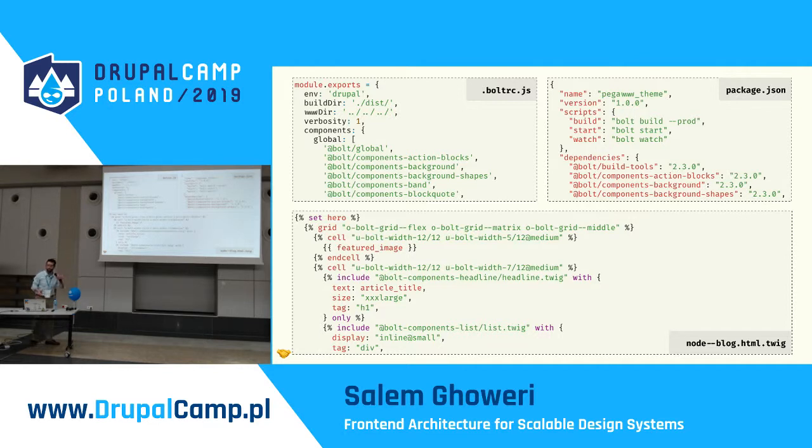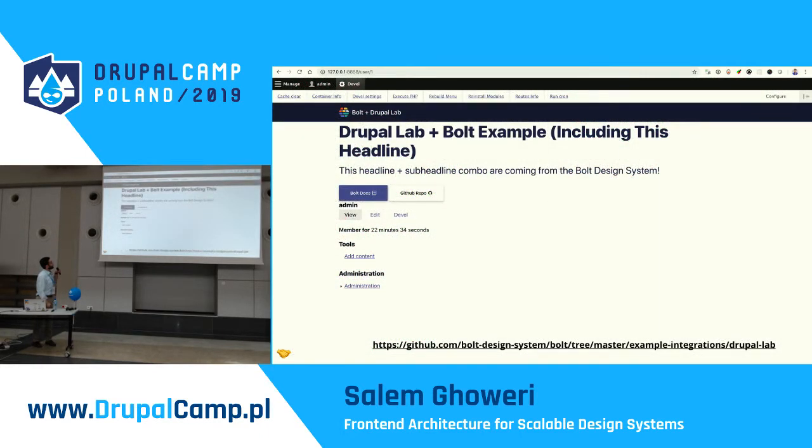And then in a normal Twig template, that's it. It just works. We actually have a fully working example of this in our Git repository on GitHub. We're using a super small version of Drupal called Drupal Lab, which makes it incredibly quick to get this all up and running. And if there's a minute or two after this, I could pull up a demo of that.